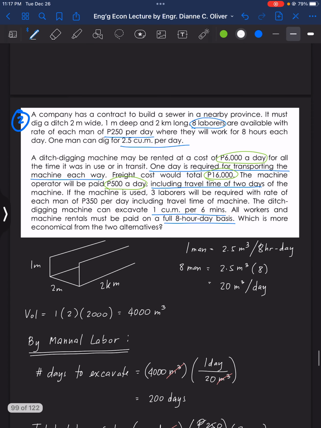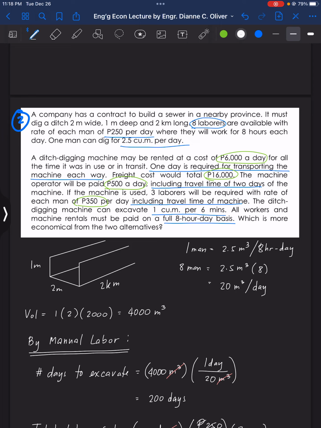Next, if the machine is used, 3 laborers will be required with the rate of 350 per day, including travel time of machine.